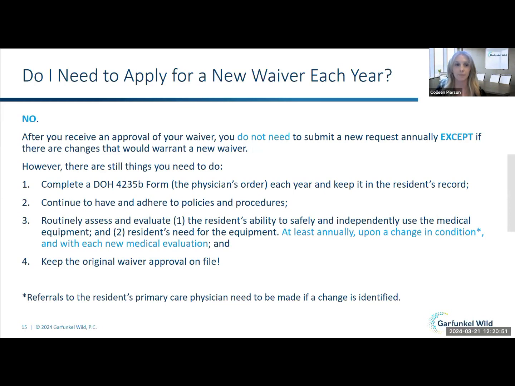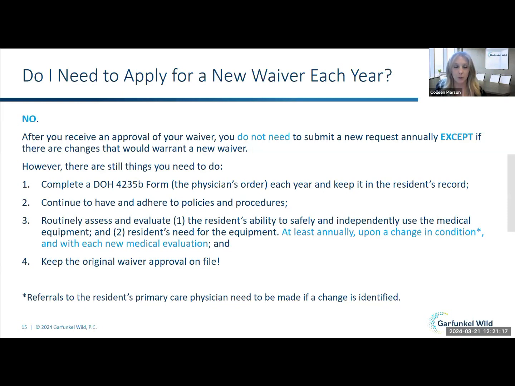So another thing, you need to continue to adhere to your policies and procedures, and you need to routinely assess and evaluate the resident's ability to safely and independently use the medical equipment and the resident's need for the equipment. This needs to be done at least annually, upon a change in condition, and with each new medical evaluation.